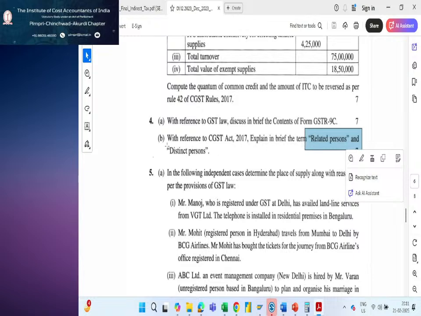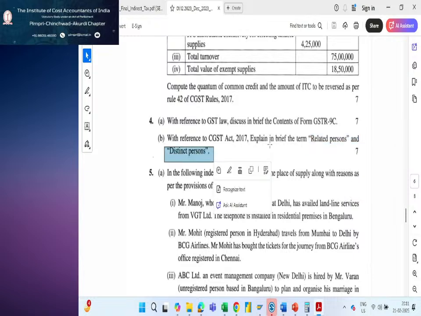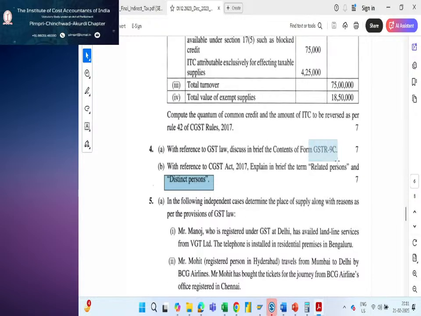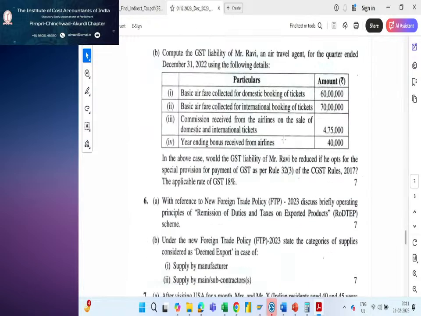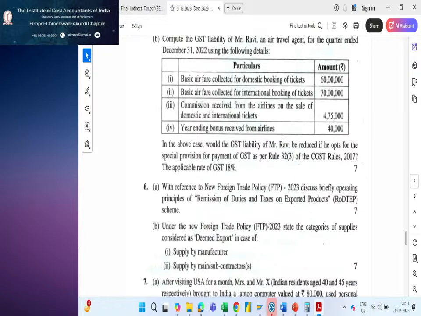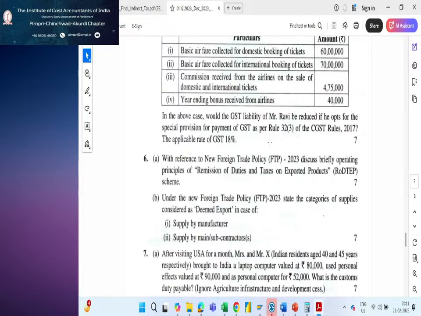Related persons and distinct persons have been asked, and a common question is related to GSTR 9C. They ask for the contents of GSTR 6, 7, 8. That has been continuously asked. And we still have customs also.